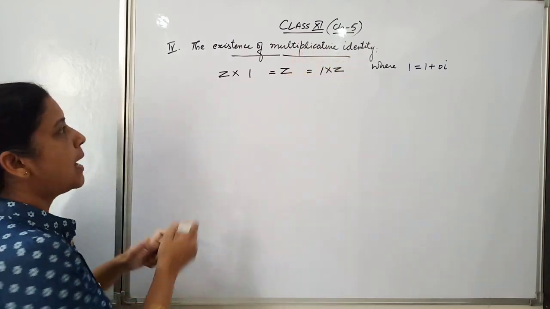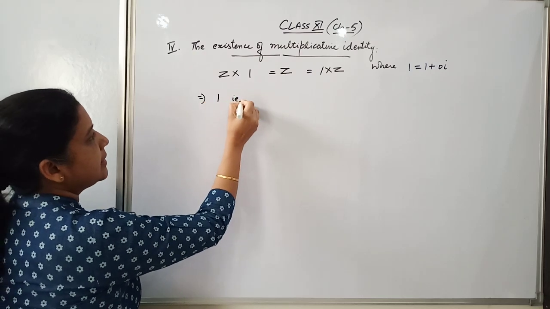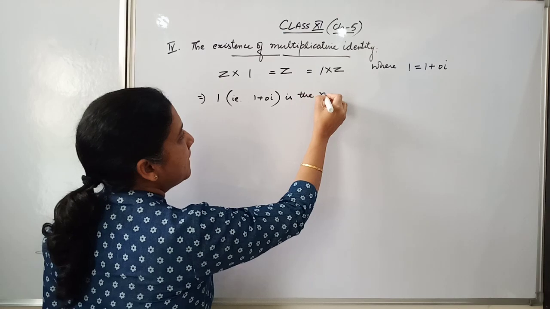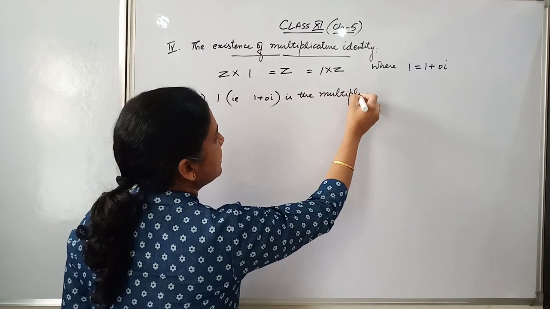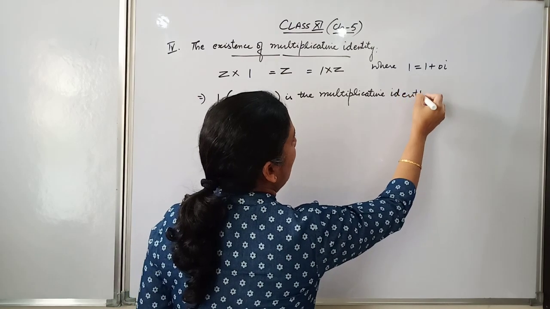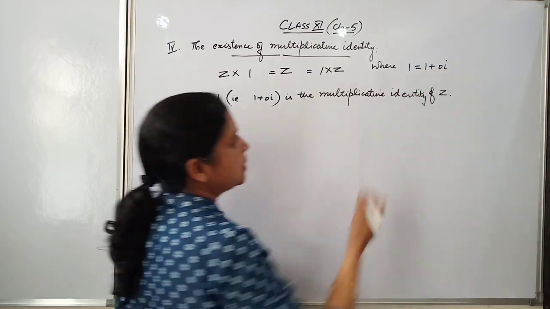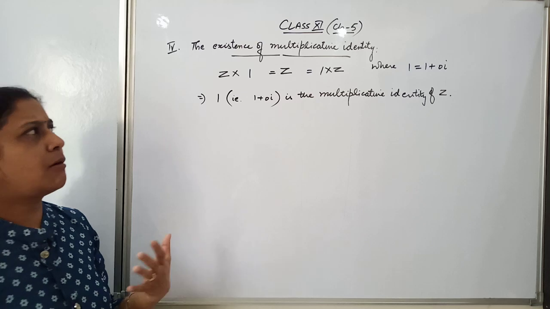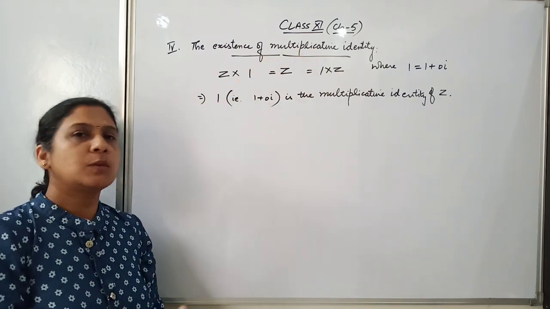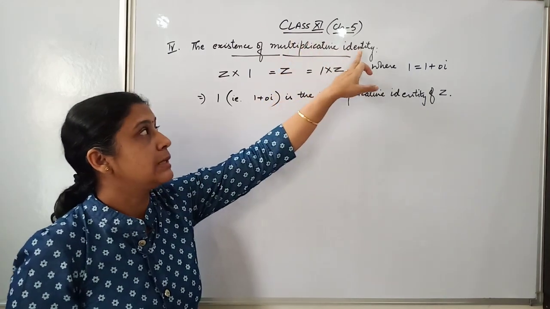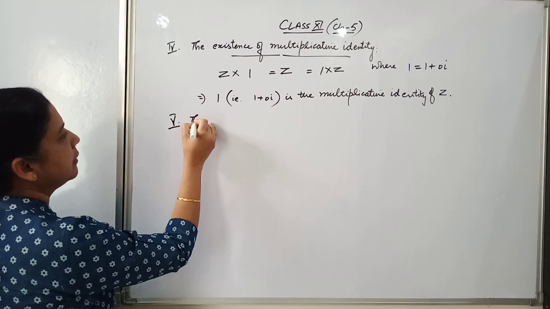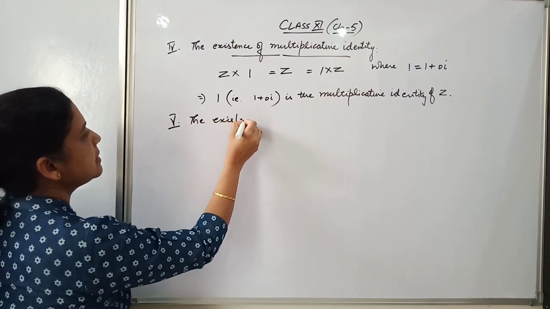Therefore this 1, that is 1 plus 0 iota, is the multiplicative identity of Z. So for very simple complex number, you have got a very simple multiplicative identity, that is 1. आप किसी भी complex number को 1 से multiply करोगे तो result क्या आएगा? Identical.